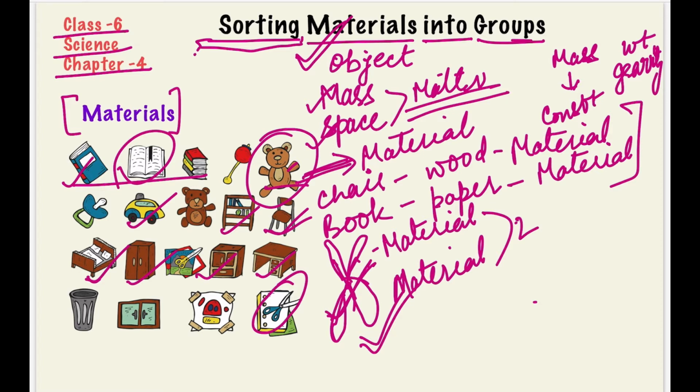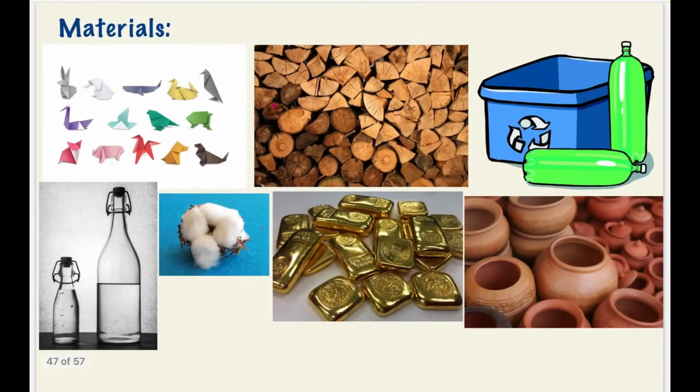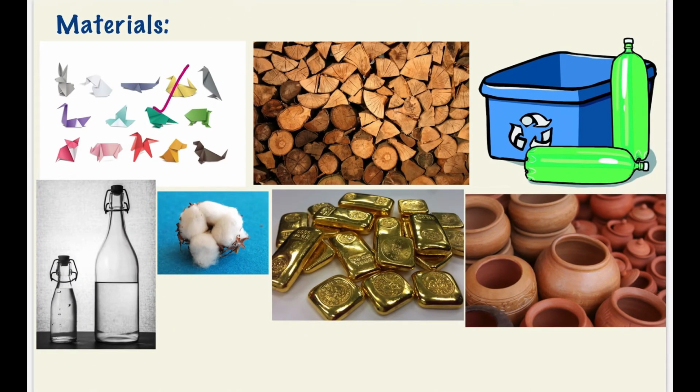So let's learn how many materials we use in our daily life. Just now we discussed paper. So paper is used to make books. So paper is a material. Wood is a material we use to make bed, table, chair and many other things. Now plastic is also a material from which we make many things.